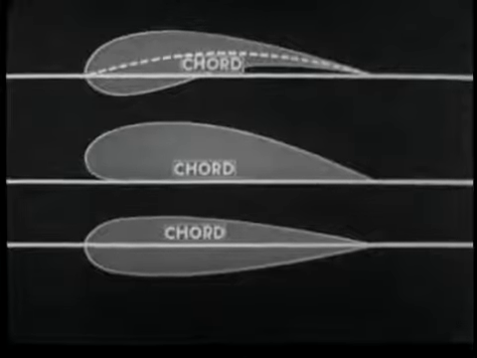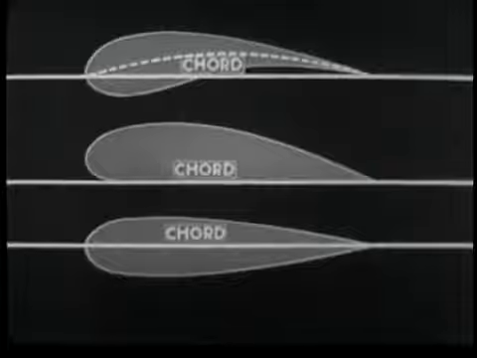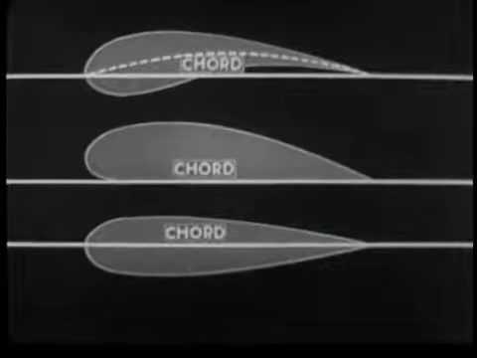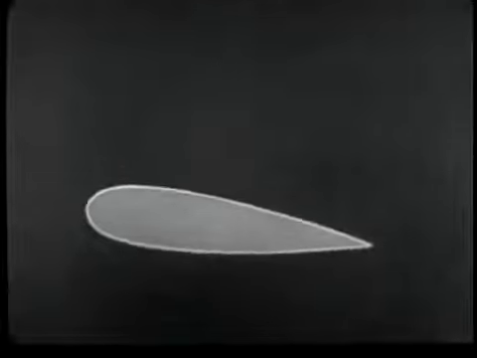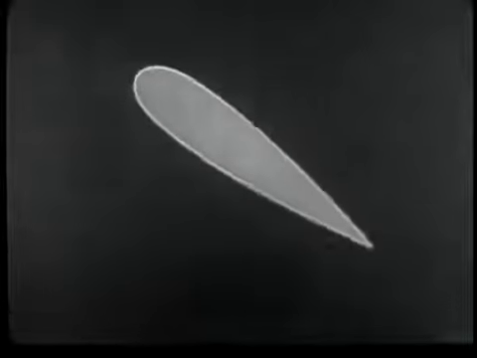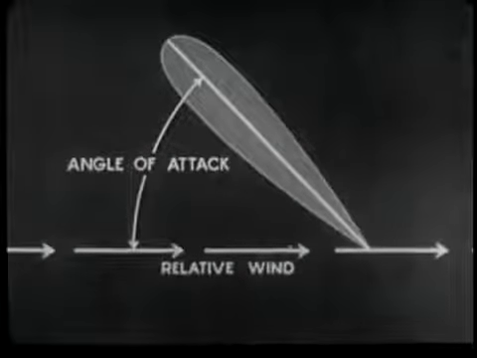In other airfoils, it is the line of a straight edge brought into contact with the lower surface at 2 points. The acute angle between the chord of an airfoil and the relative wind is known as the angle of attack of the airfoil.